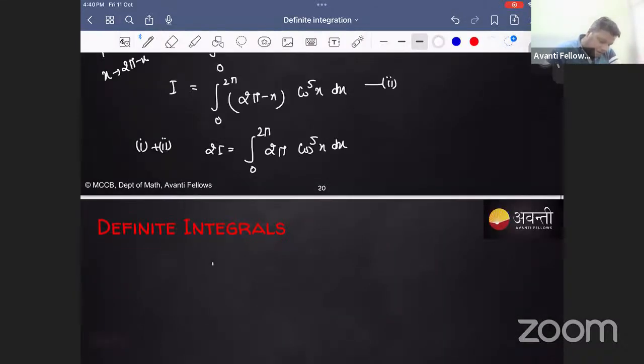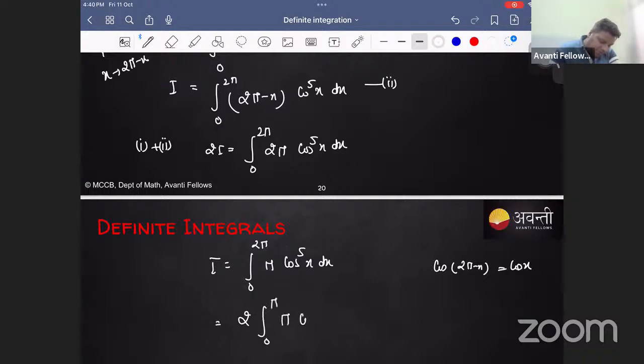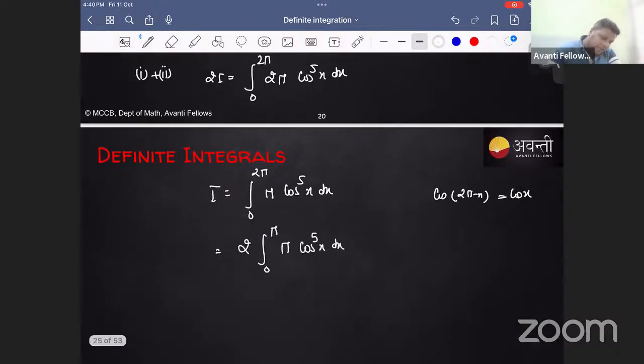Now, so I is integration 0 to 2 pi times cos to the power 5x dx. Now again I know cos of 2 pi minus x is equal to cos x. So you just double the integration, half the limit: 0 to pi cos to the power 5x dx. Now cos of pi minus x is basically minus cos x.